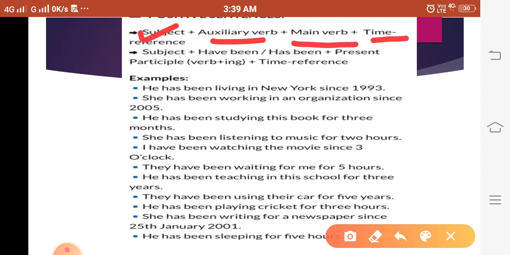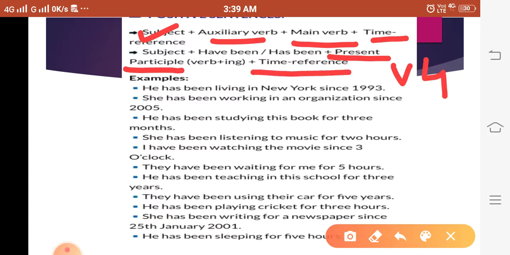Clear? The subject can be a noun or pronoun, singular or plural. On that basis only we will use have been or has been, as already discussed. Now after has been or have been, we will use the present participle form of the verb, which is the fourth form of the verb.